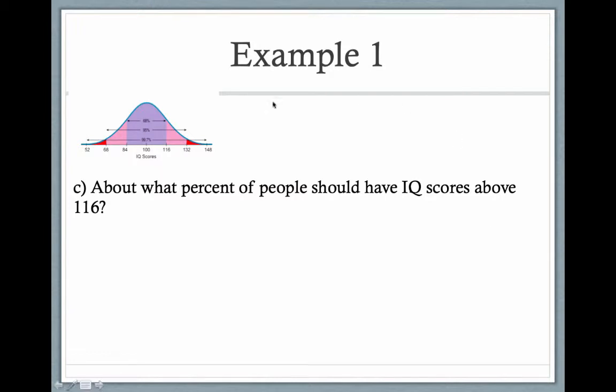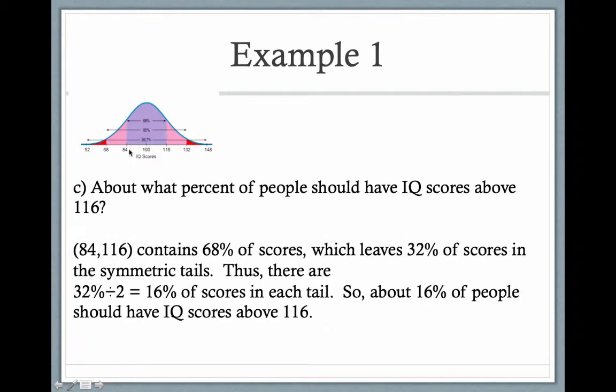Okay, so here's 116, and we want to calculate the percentage of people who will have an IQ score above 116. So let's consider what we know. Okay, 84 to 116 contains about 68% of the scores, which leaves 32% of the scores in the symmetric tails. Okay, the upper tail and the lower tail are going to have the same percentage of scores.